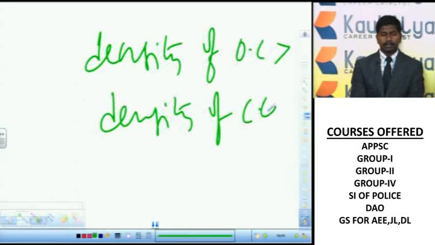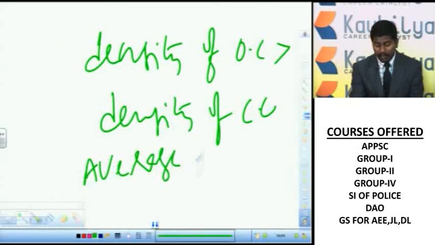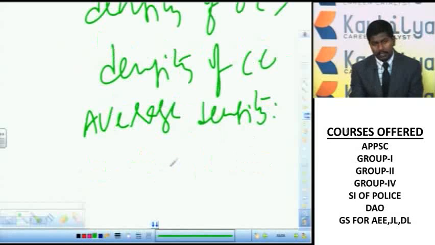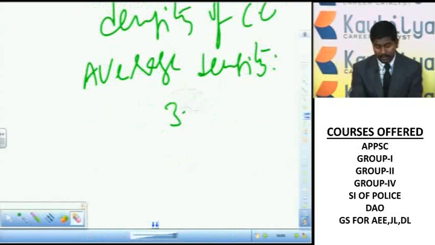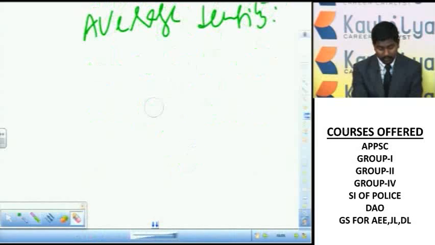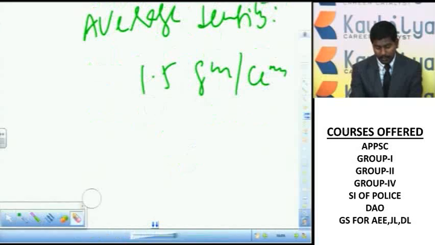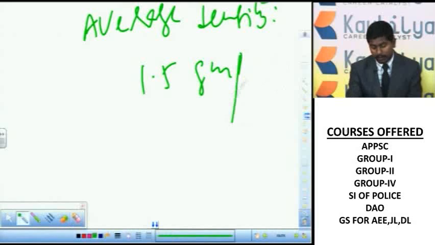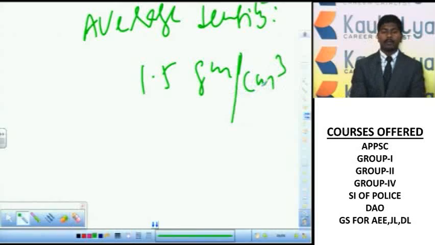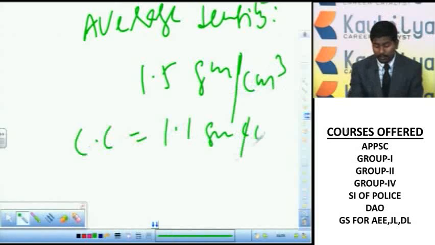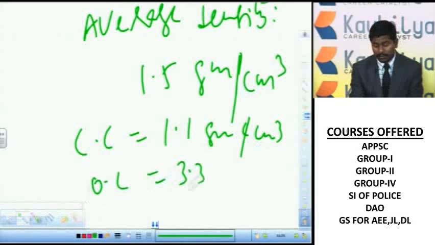Okay. Now if you take the average density of the entire crust, the continental crust density is around 2.7 gram per centimeter cube, and the oceanic crust density is up to 3.3 gram per centimeter cube.